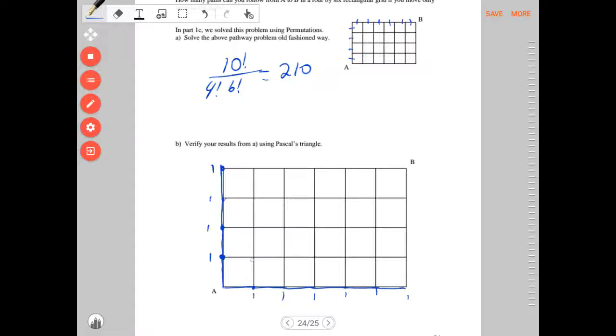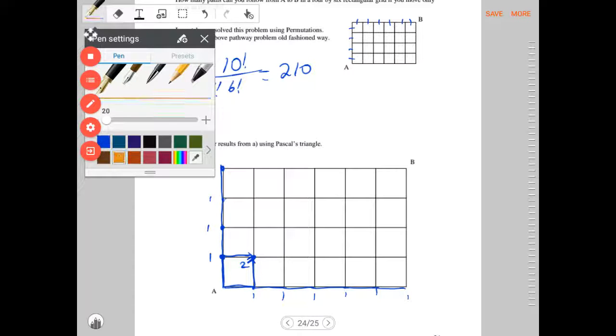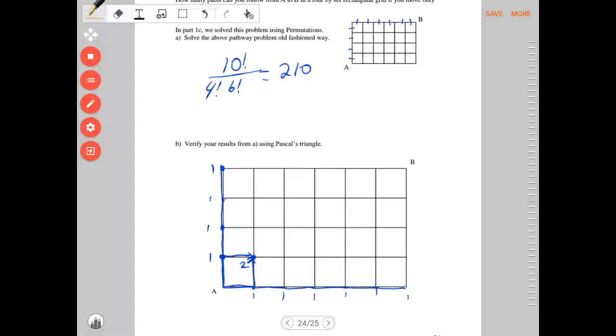Now look, to get to this corner right here, I can go this way, or I can go this way. So there's 2 ways to get to that corner. Here, I'll draw in orange for just a minute. And I'm not going to do this very long because this is drawn out. To get to this corner, I can go one way, 2 ways, or I can go up this way and 3 ways.